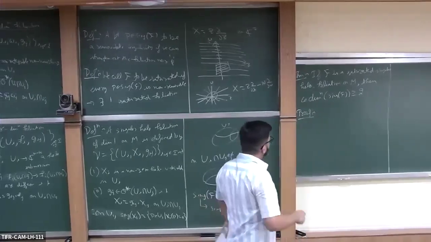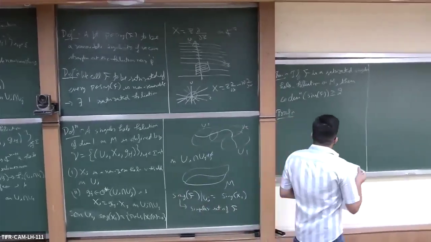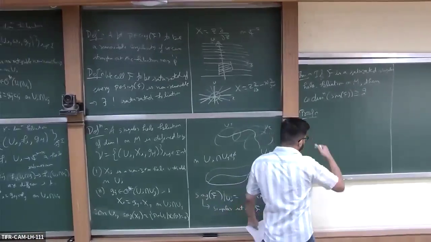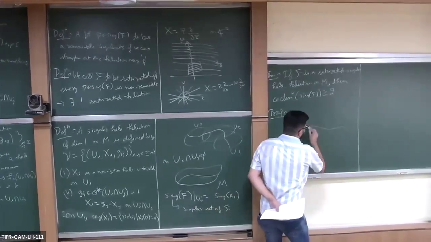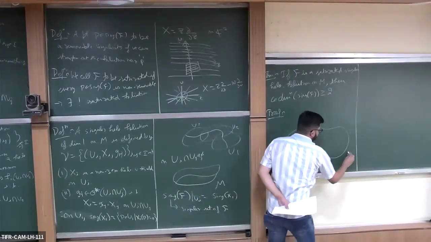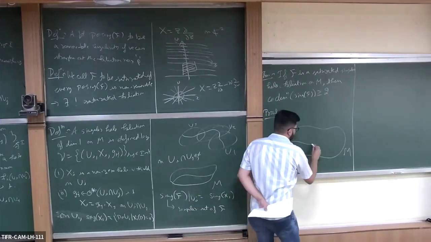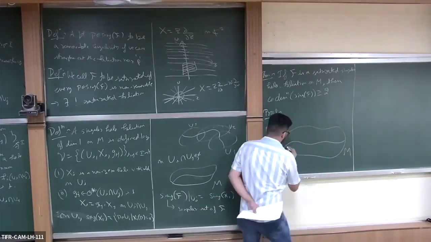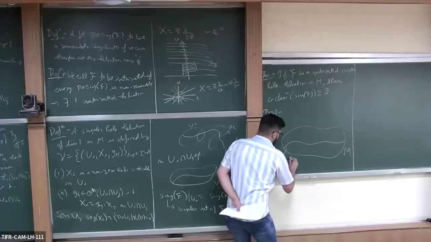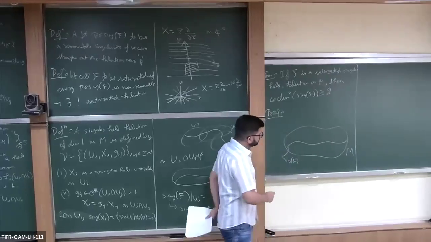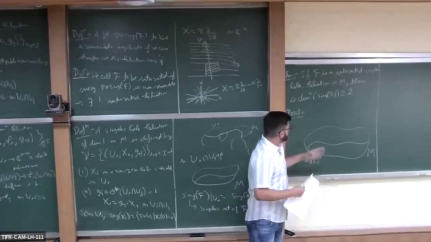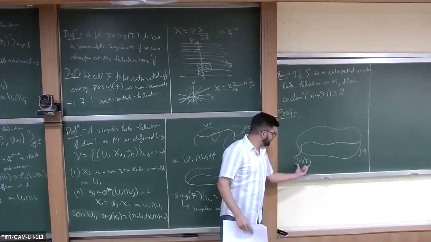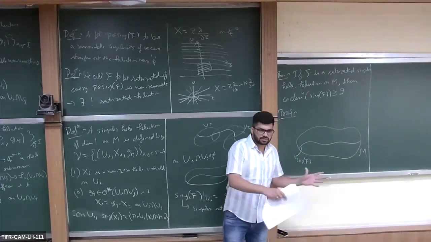Let's do this. I'll give you the idea, the process. Consider this manifold M, and here is my analytic set V. Now, F is saturated, so I want to show that this set is very small.